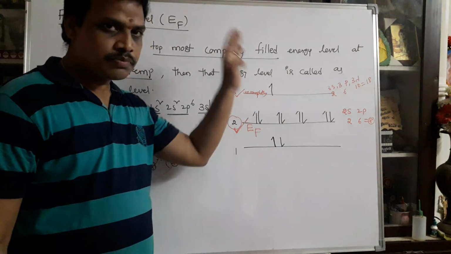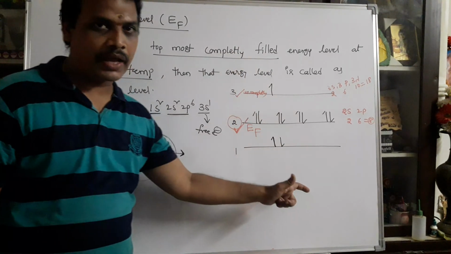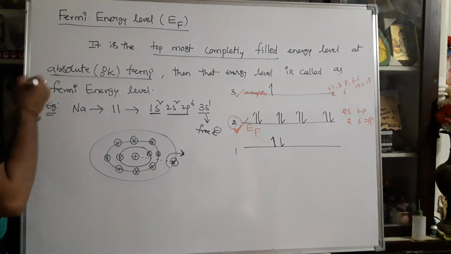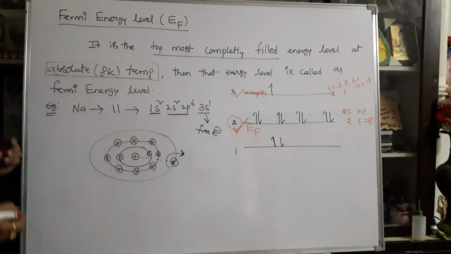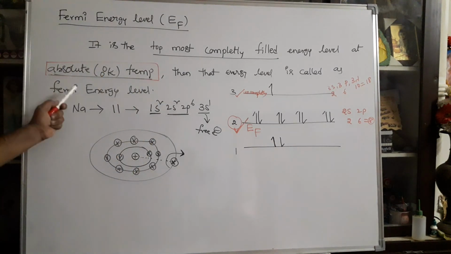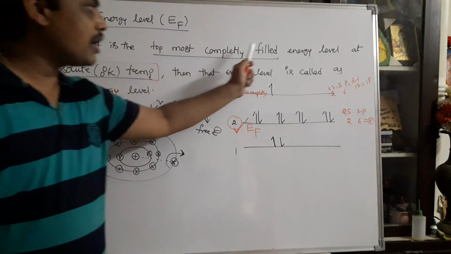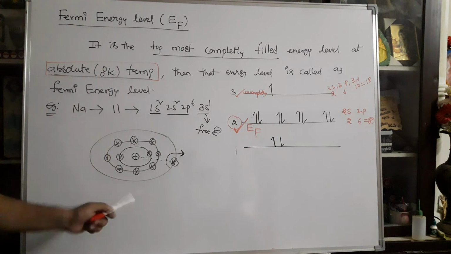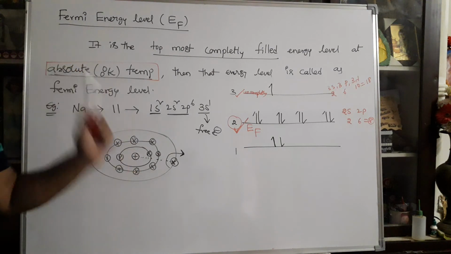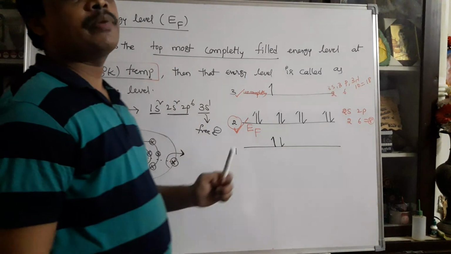These filling states must be explained at what temperature? Particularly at absolute temperature. At absolute temperature, the topmost completely filled energy level is called the Fermi energy level. So the Fermi energy level must be explained from the absolute temperature point of view.